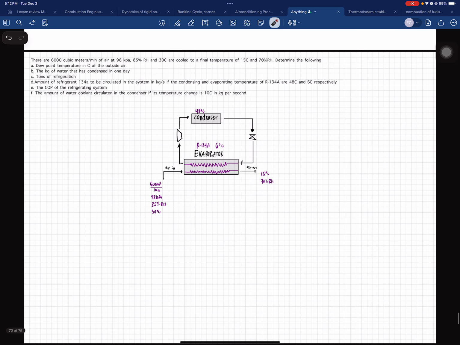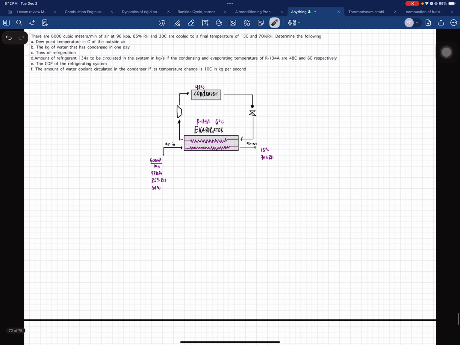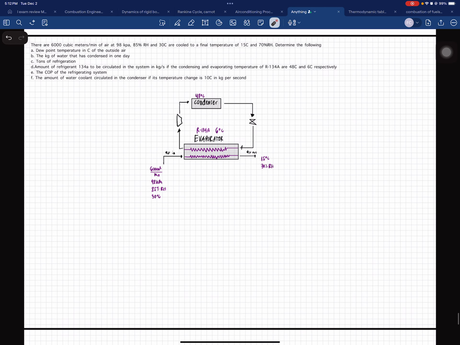And the COP is just the tons of refrigeration over the actual work that is going in. That's just the ratio of the COP. And the amount of water coolant circulated in the condenser if its temperature change is 10 degrees, in kilograms per second, right?